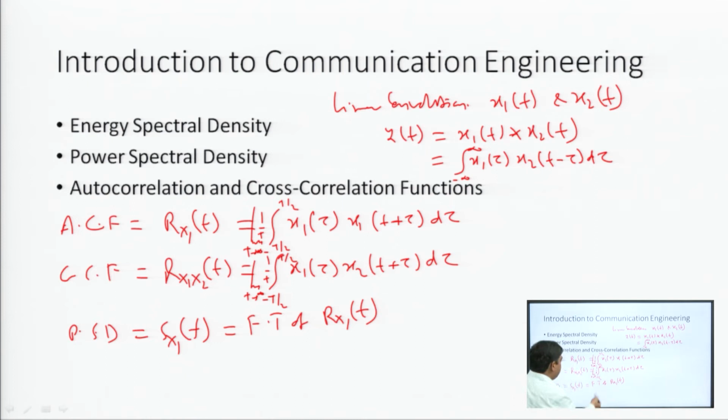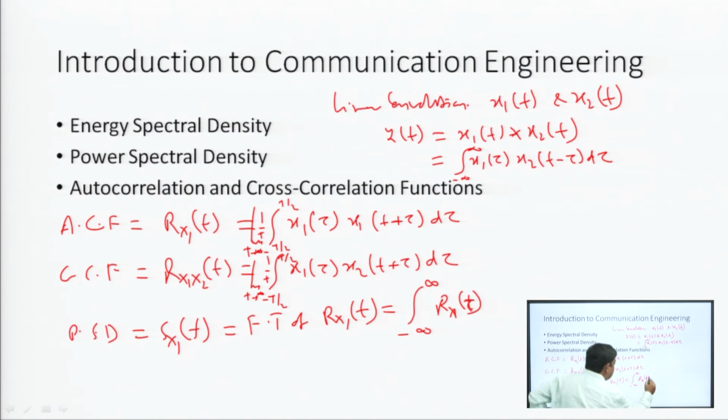That can be given by the Fourier transform equation: the integral from minus infinity to plus infinity of Rx(t) e to the power minus j 2 pi f t dt.